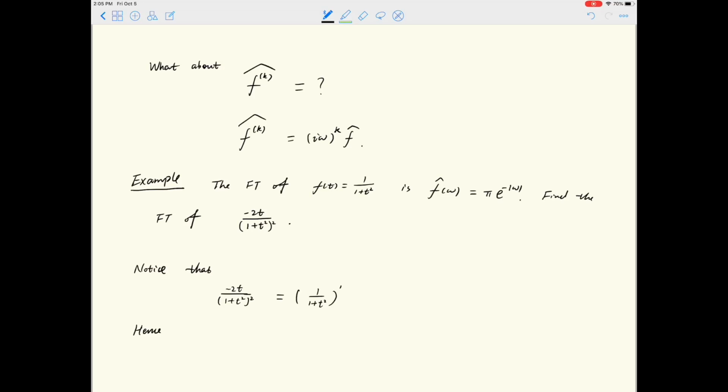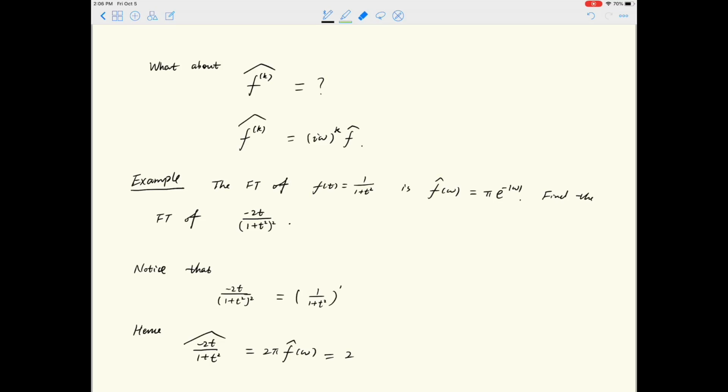So the Fourier transform of this new function, by the differentiation rule, is 2 pi f hat of omega. So it's 2 pi. No, I made a mistake.